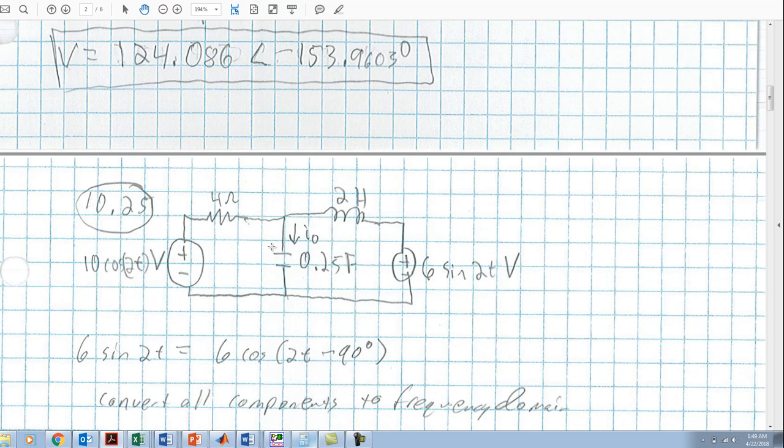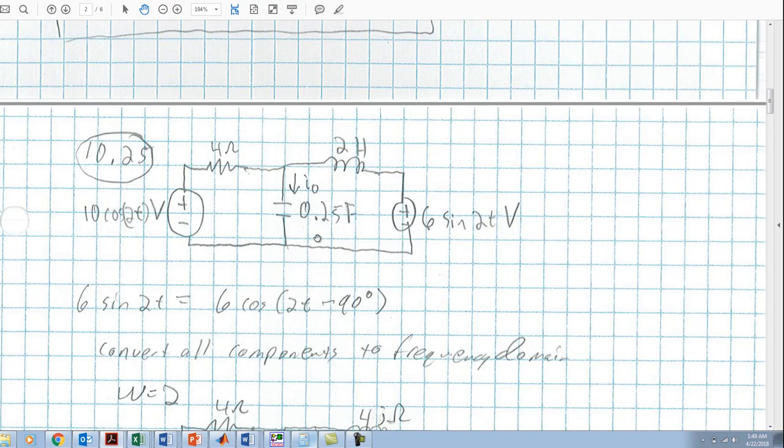In problem 10.25, we are asked to find the current I naught in here. And we can do that using mesh analysis. In this case, we don't need to use superpositioning because our omegas are the same. We see that we have an omega equals 2. And we also see that this is in sine form.